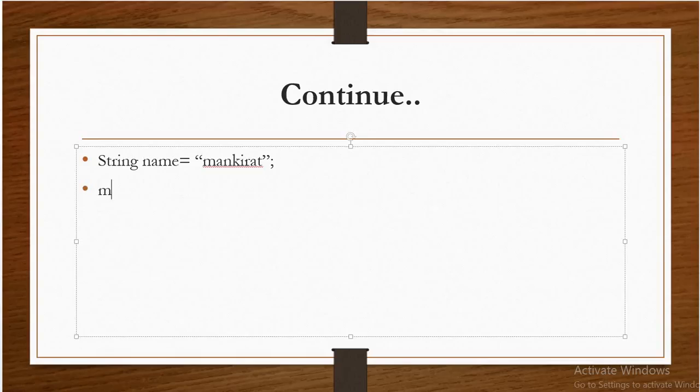How will we count? Here I need to get output like this: how many times character M is present, it's one time, and A is two times, and N is again one time, and so forth we need to find. So let us see how to write code in Java to count the number of characters in a string.